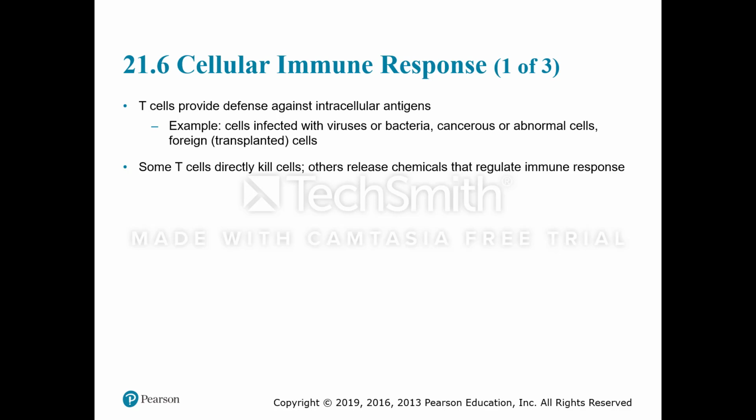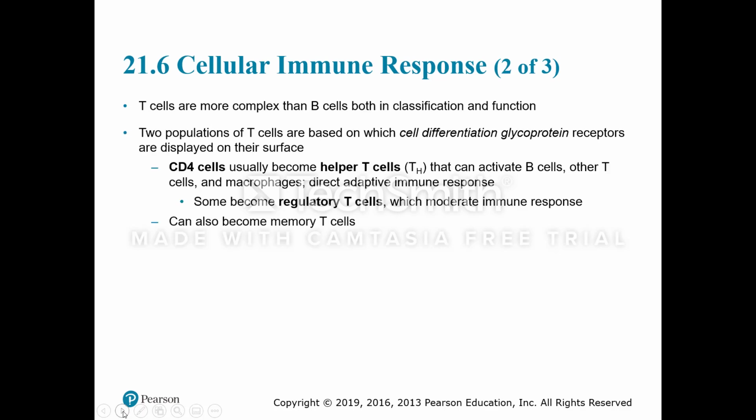So T cells directly kill the cells. Some of them also release chemicals that regulate the immune response, but they are very different from the B cells. They're more complex than B cells in both their classification and function. There are two populations of T cells based on which cell differentiation receptors they have on their surface.